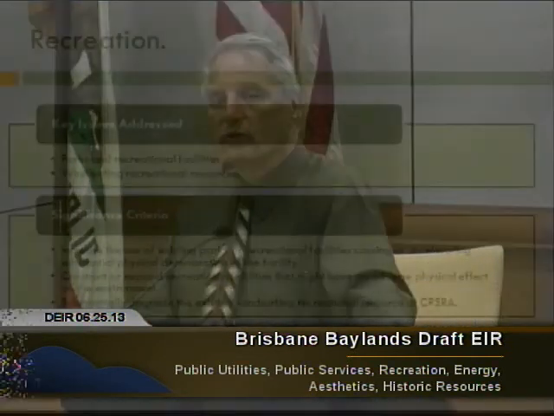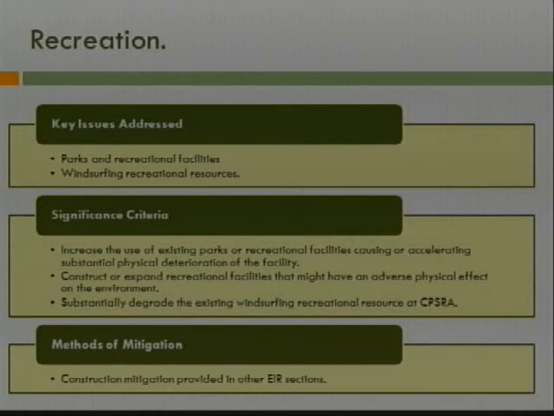Recreation. We looked at two different major recreation issues. One is parks and recreational facilities. This is an analysis of, in relation to parks, increasing the use of existing parks in a way that would cause or accelerate physical deterioration of park facilities.